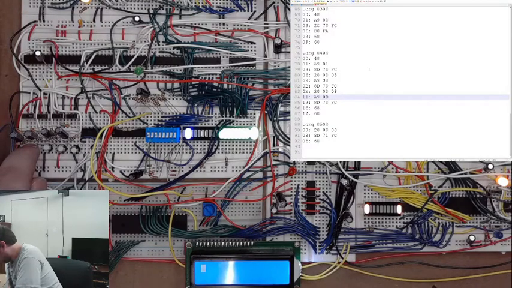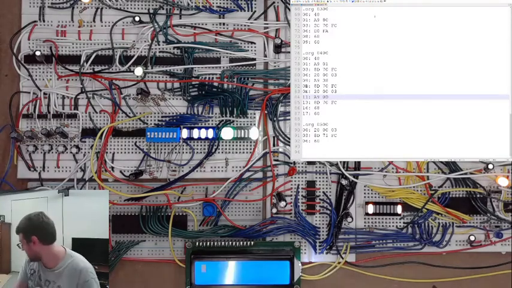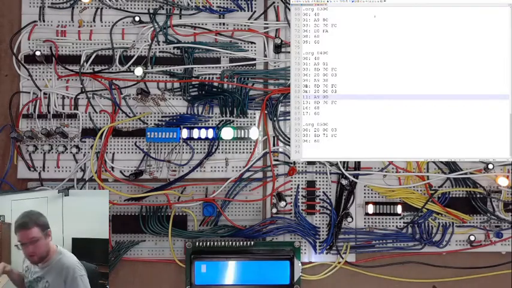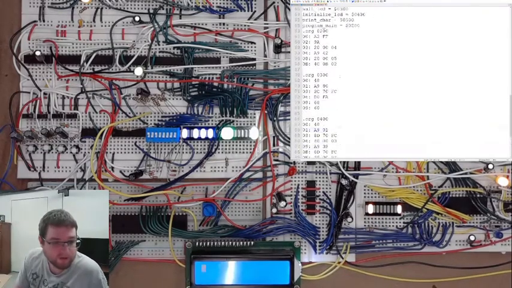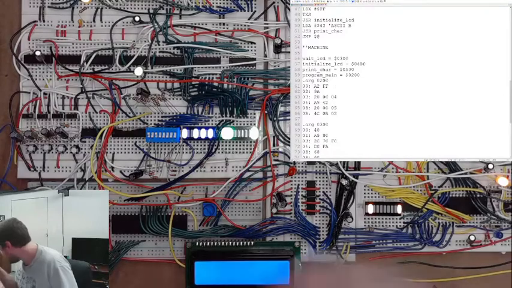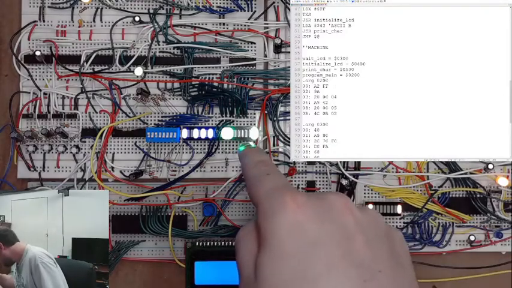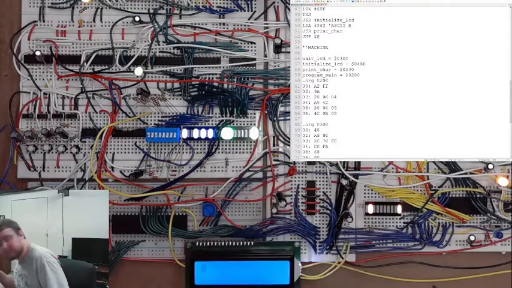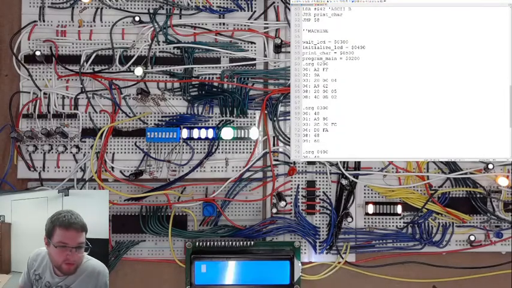Pop off the stack. Okay, we should now be back at 200 somewhere. We're at 206, which would be here.